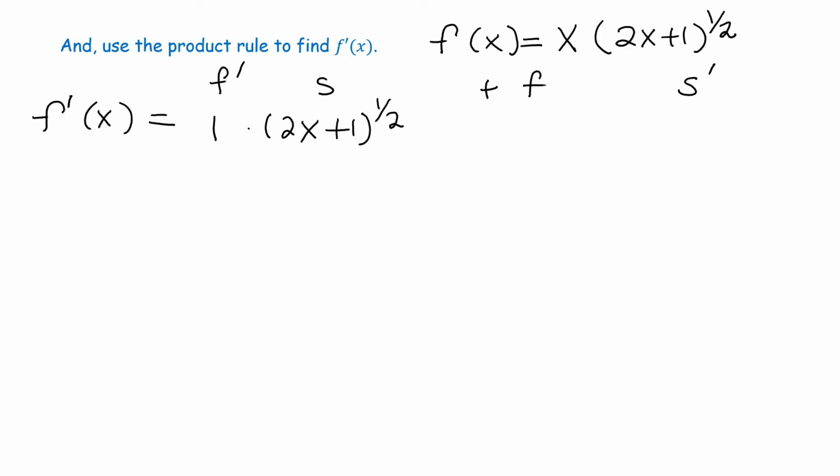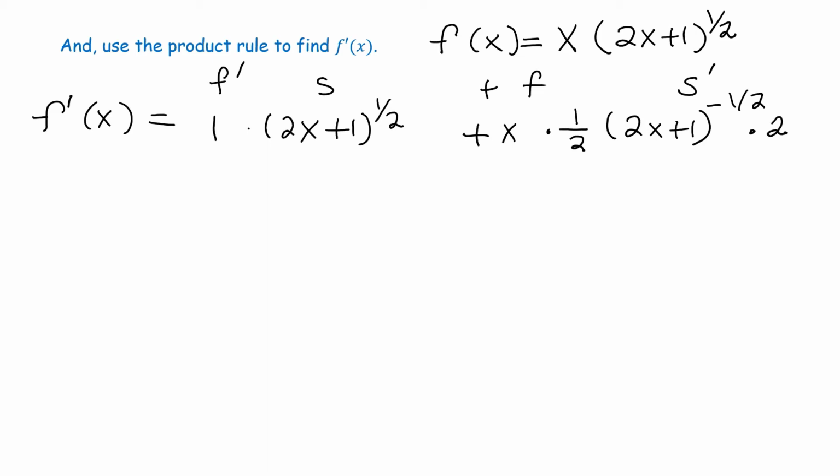Now, the second part: the derivative of the second is what we're after, so we just write the first function, which is x. Then you're going to use the chain rule to find the derivative of 2x plus 1 to the 1/2. Using the chain rule, we bring the power down, 1/2, making it the coefficient, times 2x plus 1 to the 1/2 minus 1, which is negative 1/2, and the derivative of the inside function is 2.